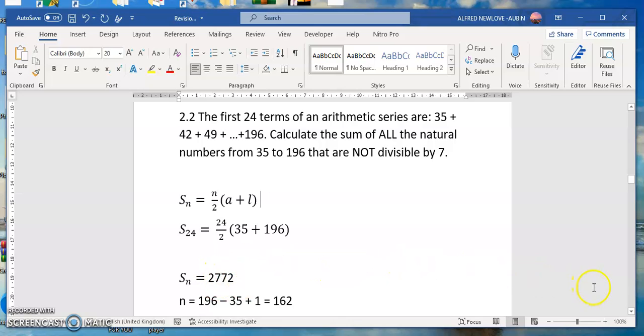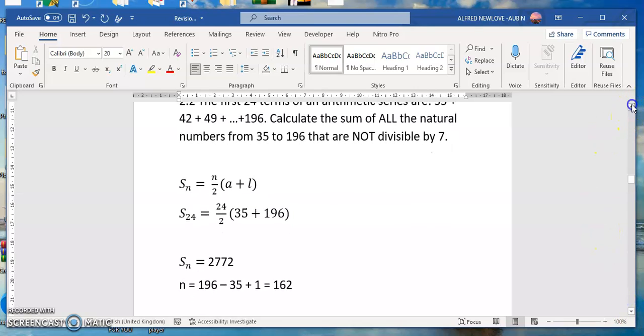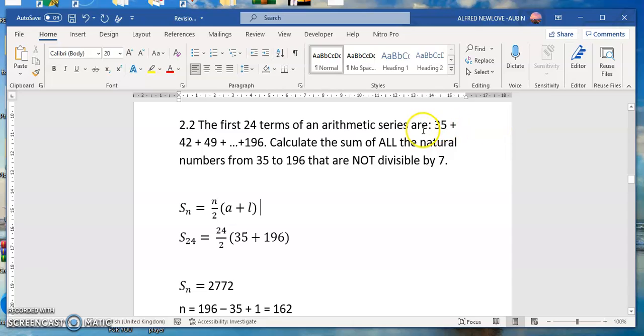Then the number of terms for this sequence: 35, 42, 49. They said it's 24.